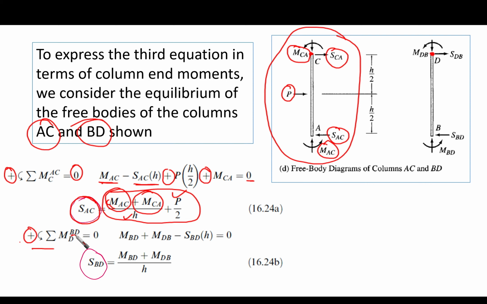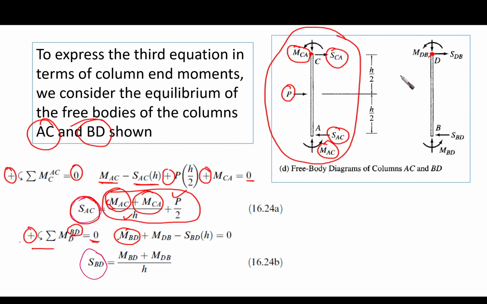Taking the moment, first of all we have MBD, counterclockwise, which is positive, plus MDB, counterclockwise, which is positive. Again, this is for the sign convention. We are not sure what the exact values of MBD and MDB are. If they are different than our assumption, then we are going to get it in the final calculation.